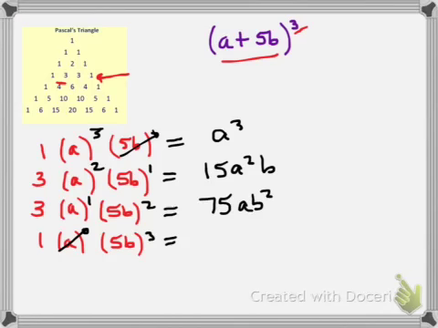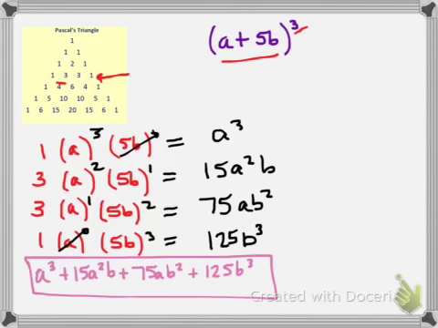And lastly, that's 1 times 5b to the 3rd, which is 125b to the 3rd. Once I add these all together, this is my final answer.